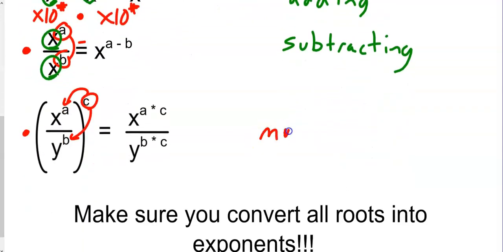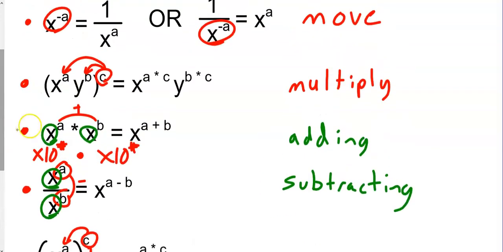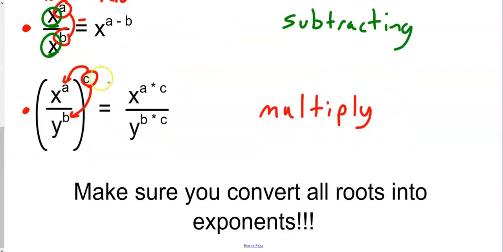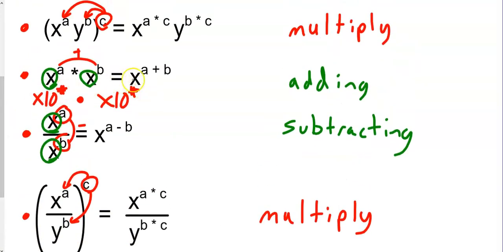Again, this is all just multiplying because you're distributing through. So if you notice, there's only three things we do when we're dealing with exponential properties. We are either going to distribute, like what you see with this guy right here, and this guy right there, which is multiplying, or you're going to be doing some basic adding or subtracting.